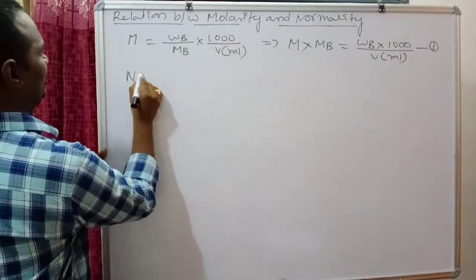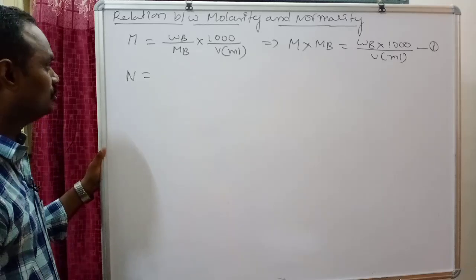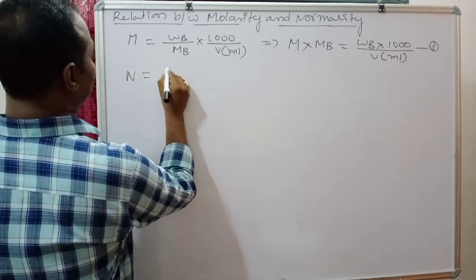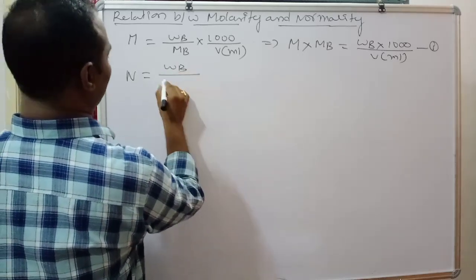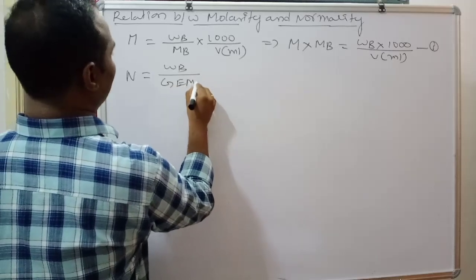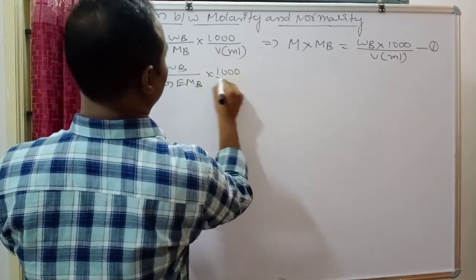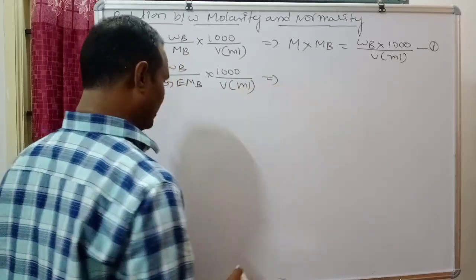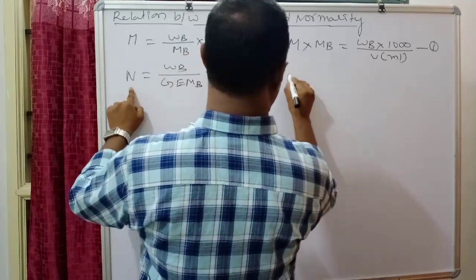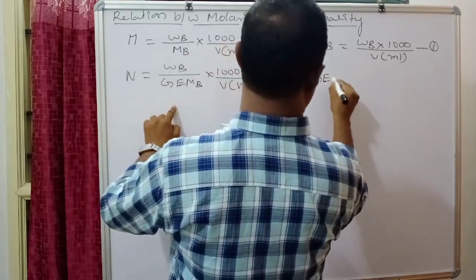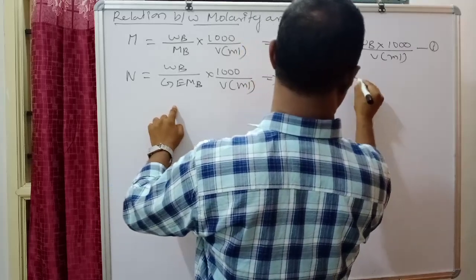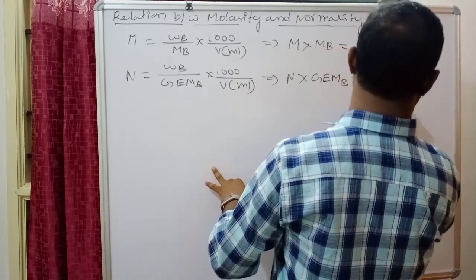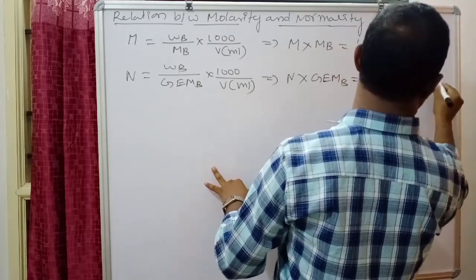Now come to the normality: the number of gram equivalents of solute present in 1 liter solution. Here, mass of solute by gram equivalent mass of solute into 1000 by volume in milliliter. Here you see, normality into gram equivalent mass of solute is equal to WB into 1000 by volume in milliliters.